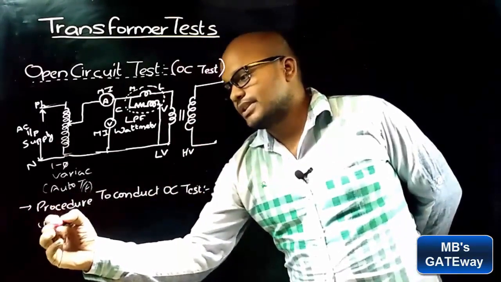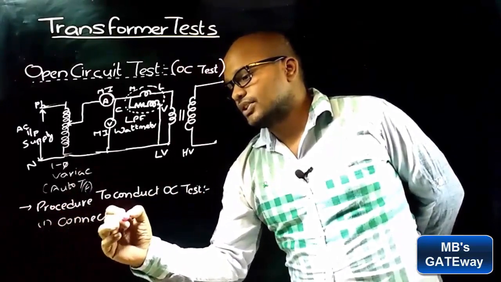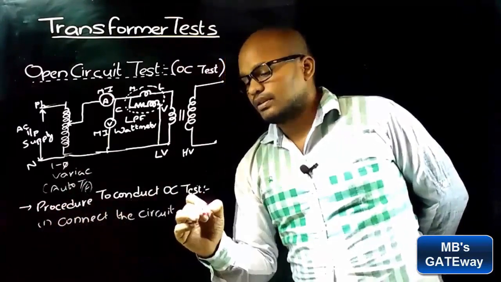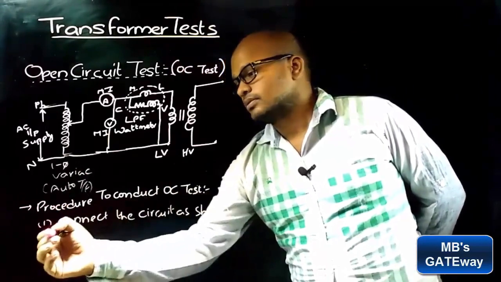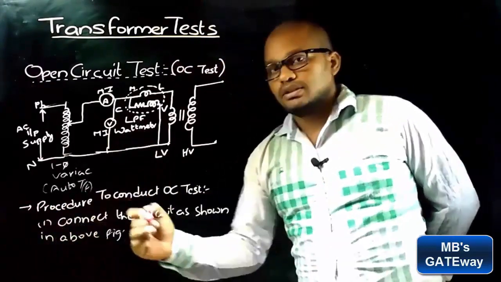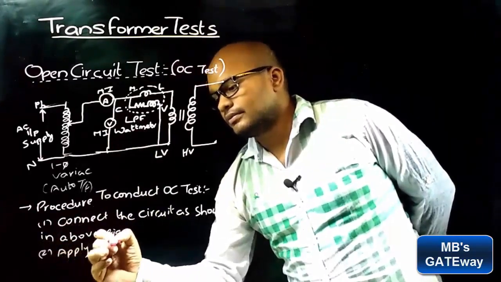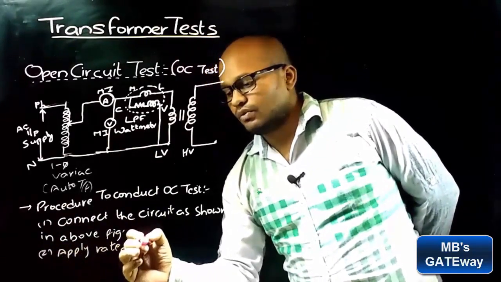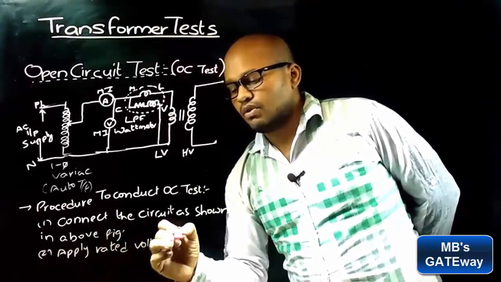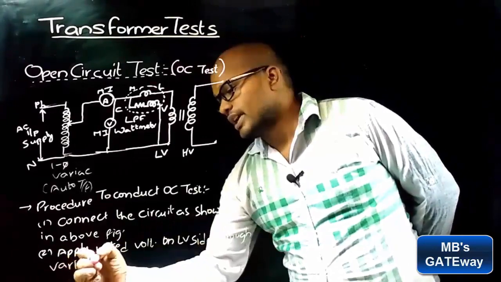Now let's see the procedure to conduct the OC test. The first step is to connect the circuit as shown in the above figure. Second step, apply rated voltage on the LV side through the variac.